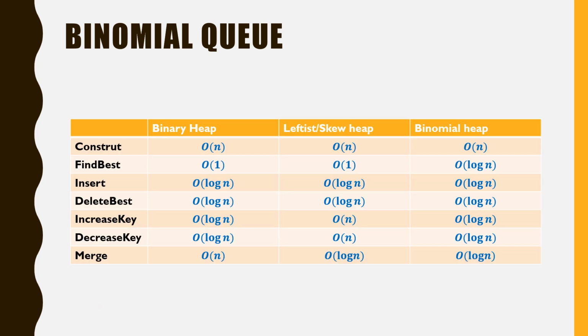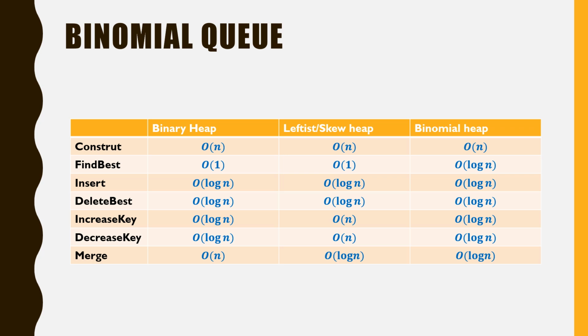To summarize, the time complexities of fundamental operations for various heap data structures are listed in this table. The regular binary heap is a complete binary tree implemented using an array, which ensures efficient data storage and access. However, merging two binary heaps requires O(n) time.